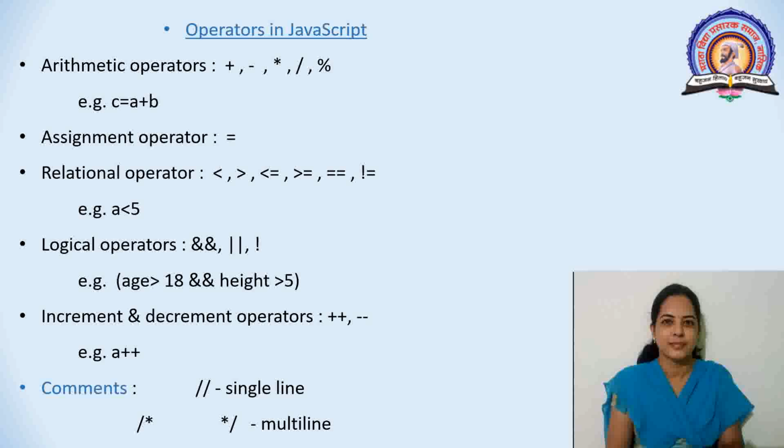And for more than one line comments, that is for multi-line, we have to use backslash star, then write the text lines, and to close that comment star and backslash. So these are the two ways for writing comments in JavaScript.